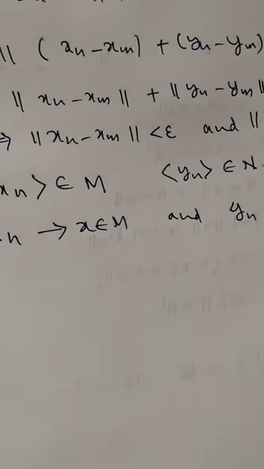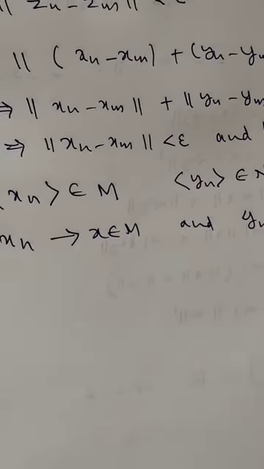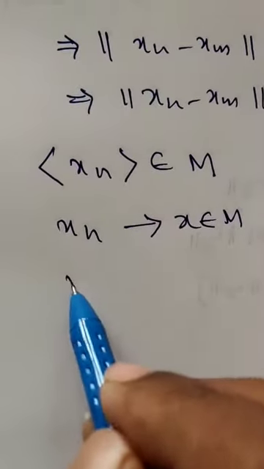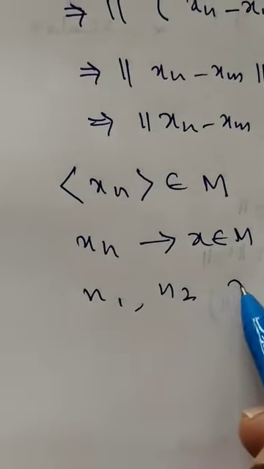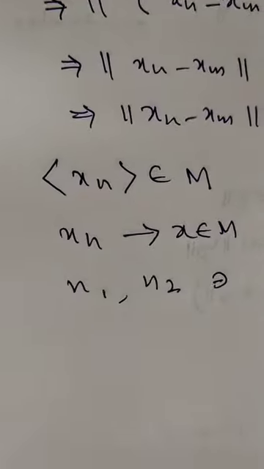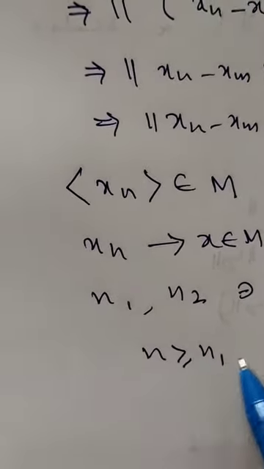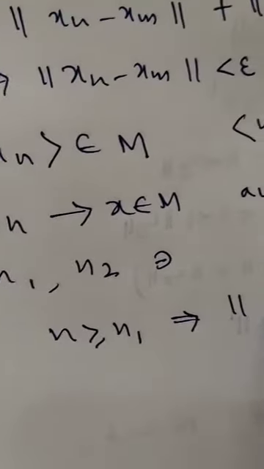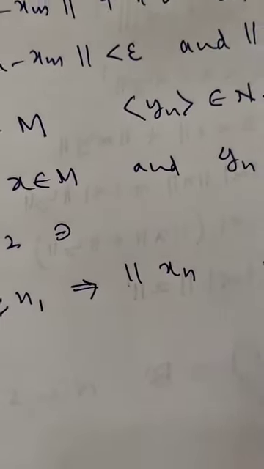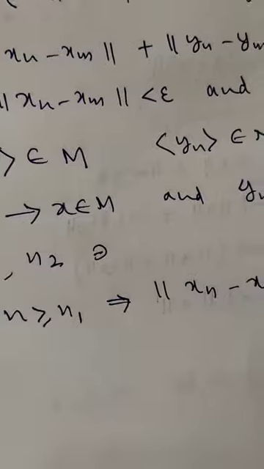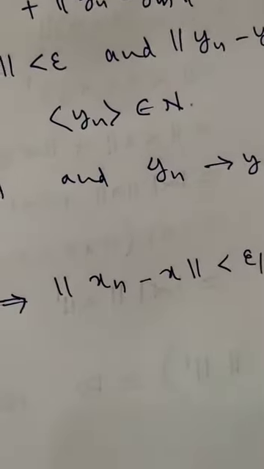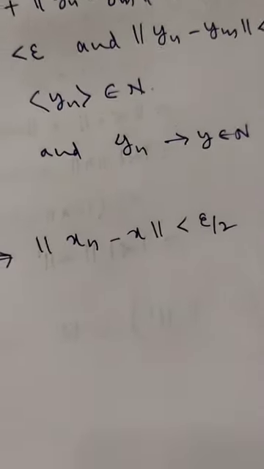Now Xn converges to X belongs to M, Yn converges to Y belongs to N. What will happen? There exist positive integers n1 and n2 such that n greater than or equal to n1 implies norm of Xn minus X is less than, say, epsilon by 2, by definition of convergence.